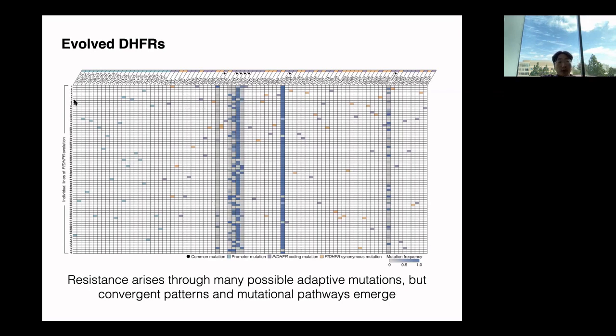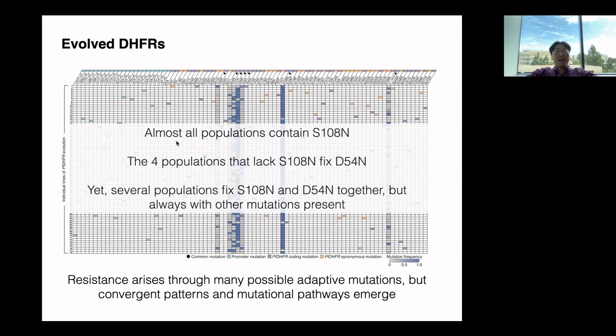And then for each individual replicate, different collections of mutations actually emerge. And what you might appreciate here is that resistance arises through many possible collections of mutations and adaptive pathways, but there are certainly convergent patterns that repeat across these replicates. And so some of these patterns include the fact that almost all populations contain this S108N mutation.